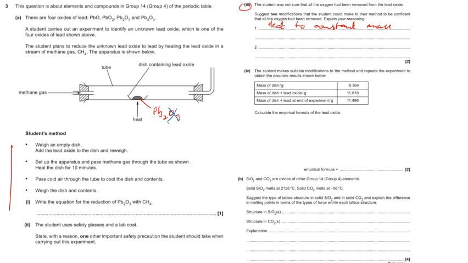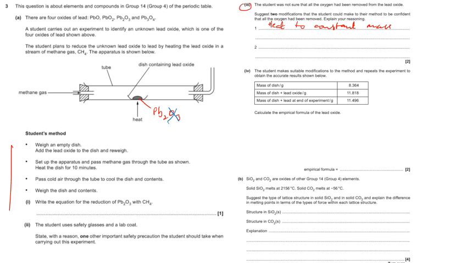So what happens in this practical that leads to an error is that you stop passing the methane gas across it and you stop heating, but the lead, of course, is still hot, and so will react with air that comes into the test tube, or the oxygen in the air that comes into the test tube after you've stopped passing methane gas through there.